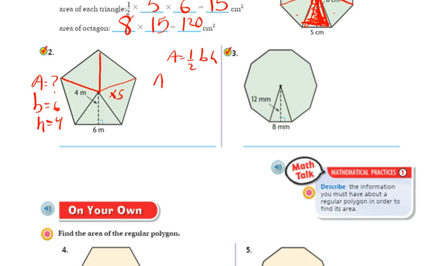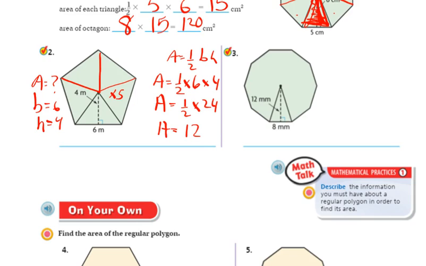Substitute in A equals 1/2 times 6 times 4. A equals 1/2 of 24, which A would equal, in this case, 12. So I know A equals 12.